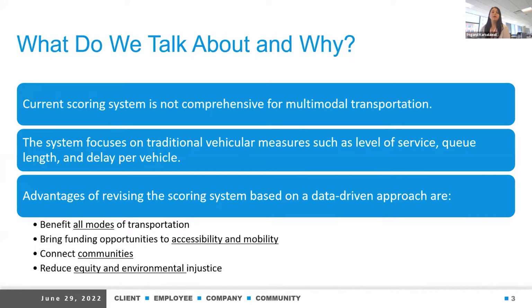So what do we talk about and why are we talking about it? Currently the scoring system is not comprehensive for multimodal transportation, and it's focused on auto.